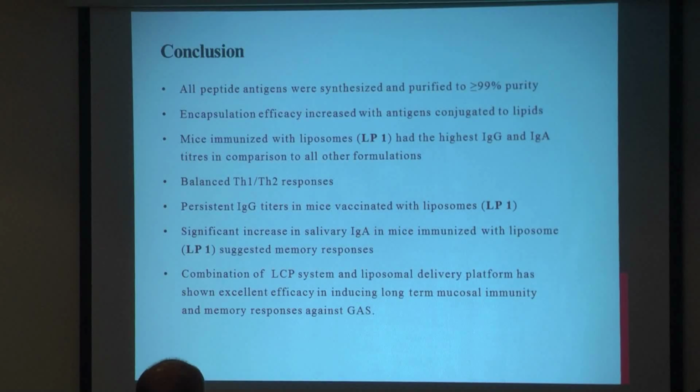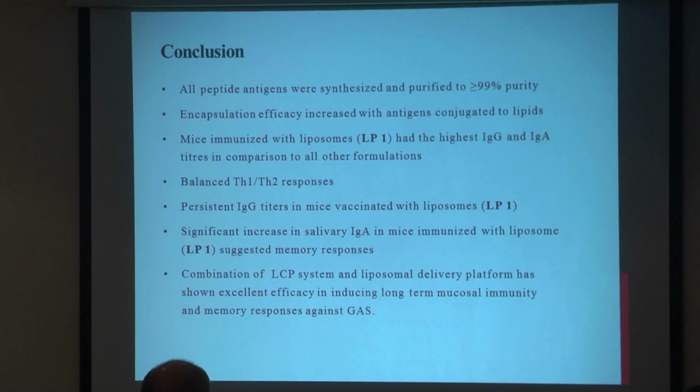So in conclusion, I've successfully synthesized and purified all my peptides. I also did an encapsulation efficacy test, and the encapsulation efficacy increased with antigens which had lipids on them, and mice immunized with liposomes LP1 had the highest IgG and IgA responses in comparison to all of my other formulations.